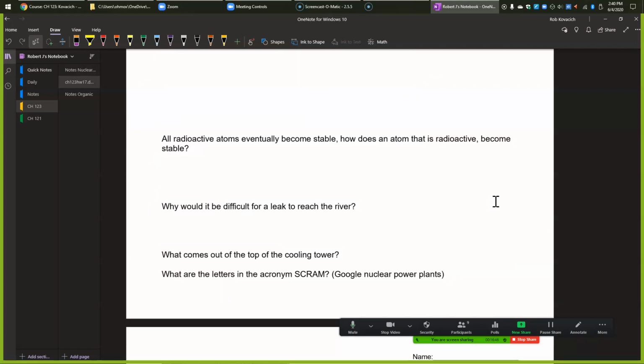All radioactive atoms eventually become stable. How does an atom that is radioactive become stable? So what has to happen? The nucleus decays. So the radioactive isotope decays, and what happens? Alpha and beta particles are released or added.